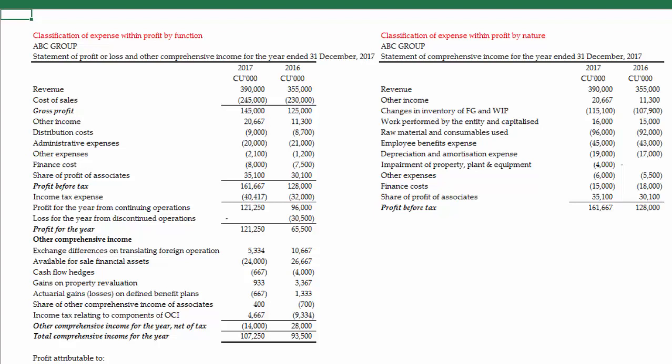The separation of items of income and expenses in the statement of profit or loss from that of the statement of other comprehensive income is necessary because items of other comprehensive income are unrealized gains because they arise from remeasurement of assets and liabilities.